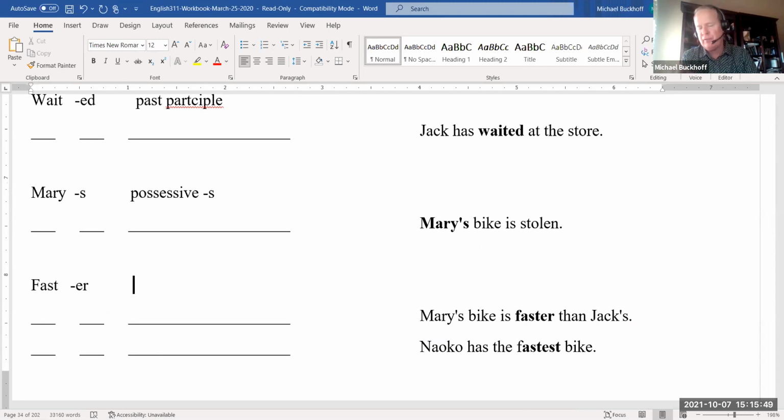That's why I put the possessive S after Jack. So we are comparing two bikes, right? So does this surprise you? Comparative inflectional ending? That's what it is. It's the comparative because you use the ER to compare two things.